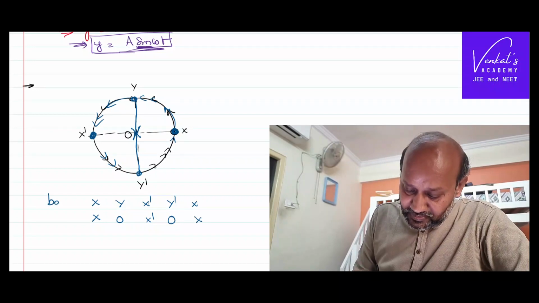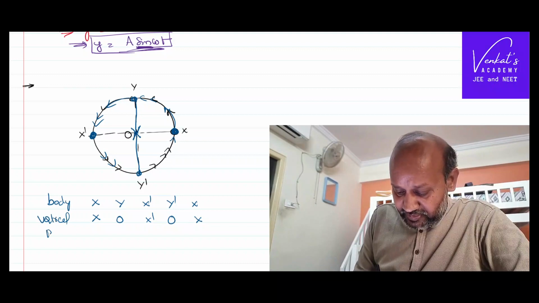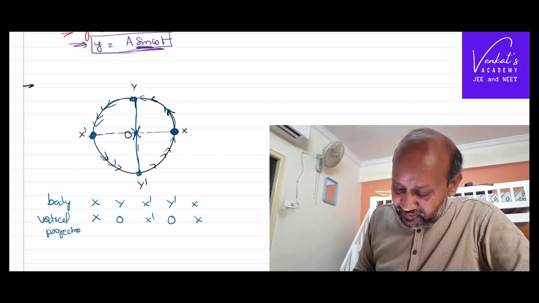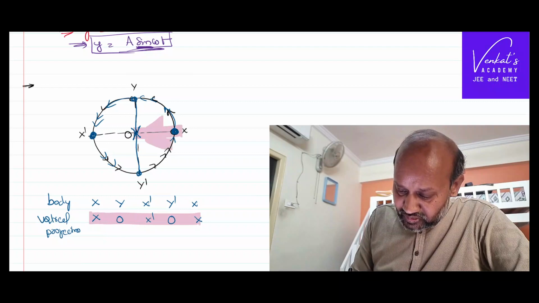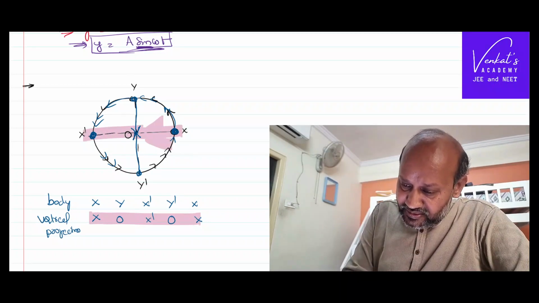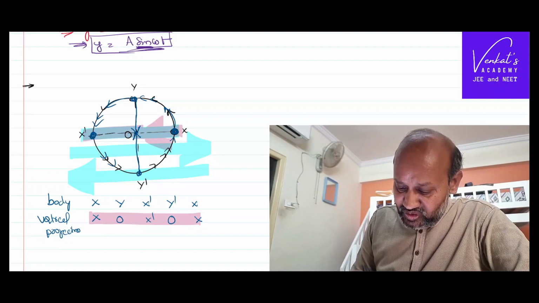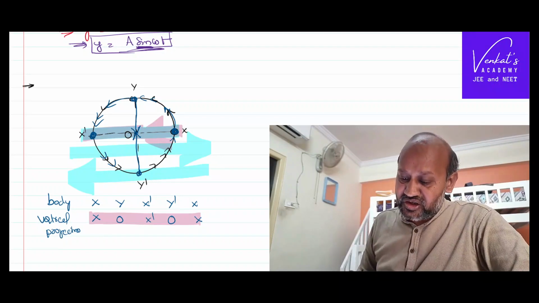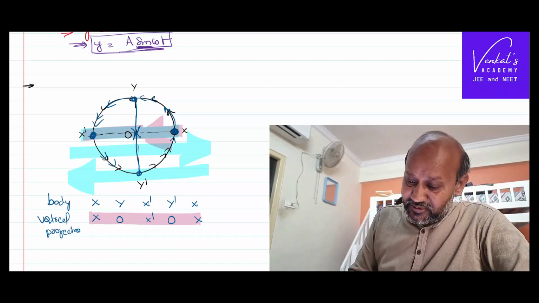So that is the position of the body and the position of the projection. If you look at the projection carefully, it moves from x to O, again to x dash, then back to O, back to x. So this is also an oscillatory motion. So the projection onto the x-axis as well as the y-axis, both are oscillatory motions.